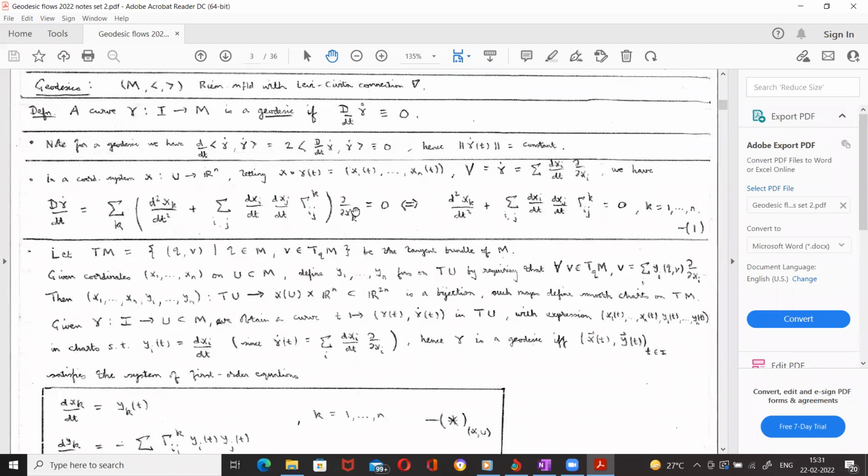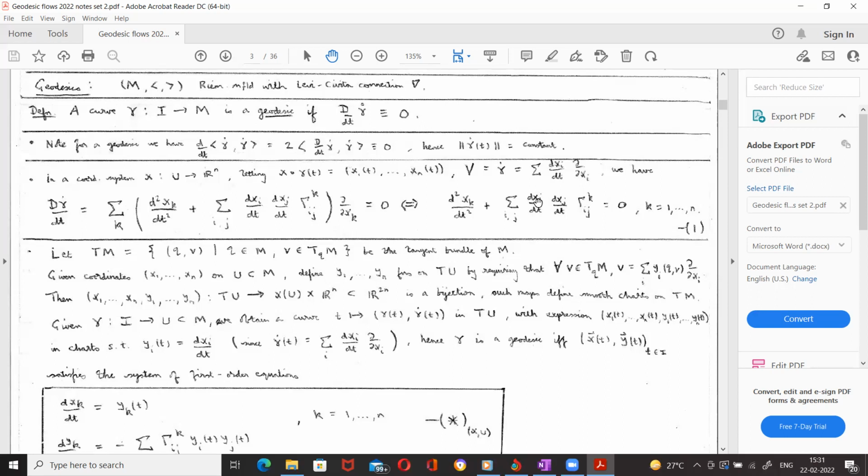So this gives me a system of second order differential equations: d squared xk/dt squared plus sum over i,j of dxi/dt dxj/dt gamma ijk equal to 0. Note that this is a nonlinear system of equations because I have this product of dxi/dt and dxj/dt.